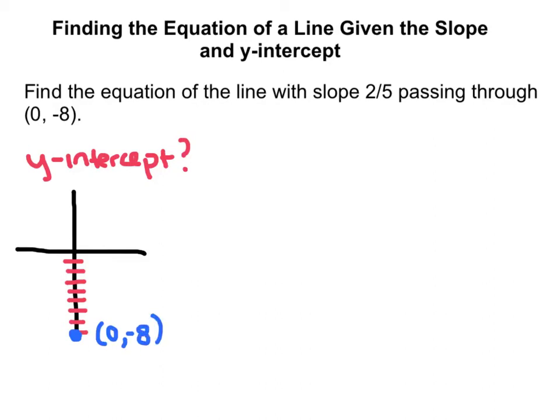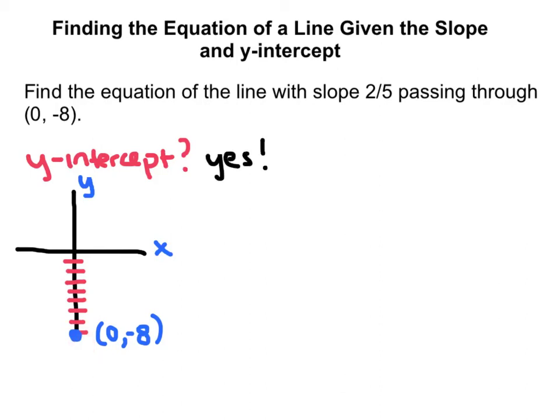And if you notice the way the axes would be labeled, the y-axis is the vertical axis and the x-axis is the horizontal axis. So as you can see, our ordered pair, 0, -8, is actually on the y-axis, which means it's the y-intercept. So we can verify that it is the y-intercept.